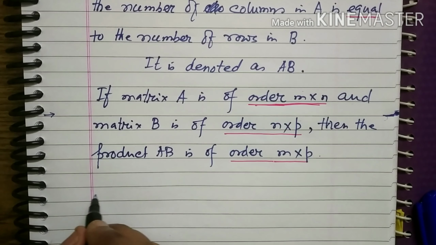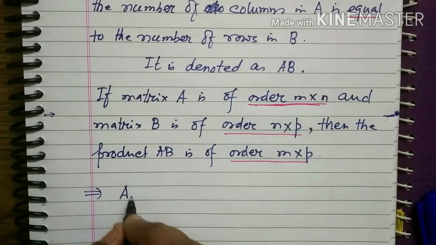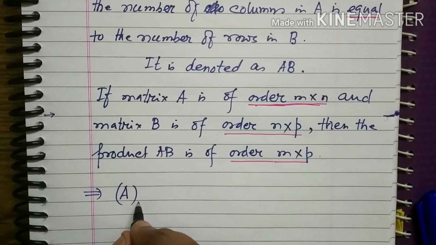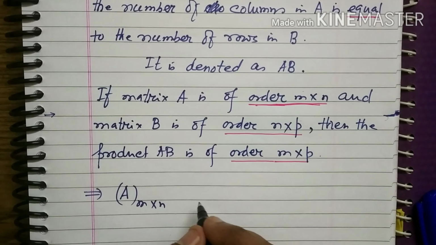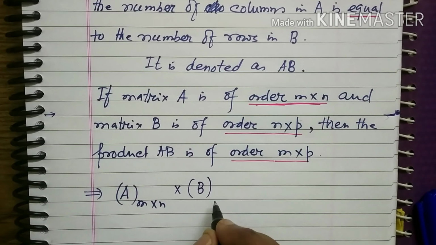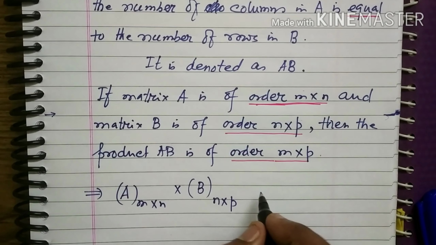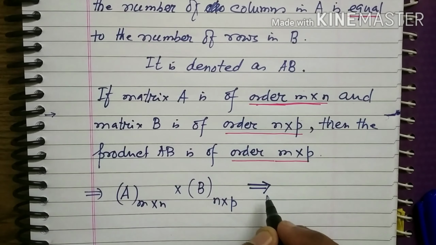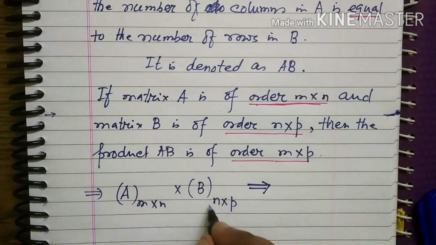So you may write as a representation, suppose A is a matrix of order m cross n, and you want to multiply with B matrix of order n cross p. The column number of A and row number of B should be equal.